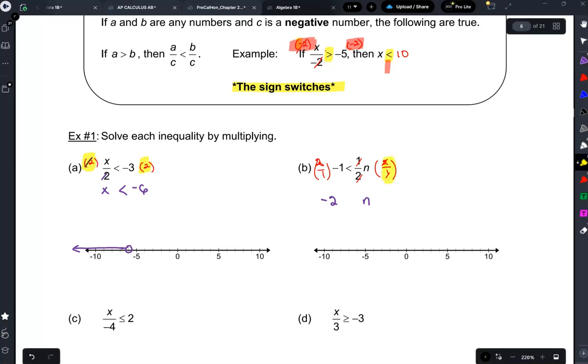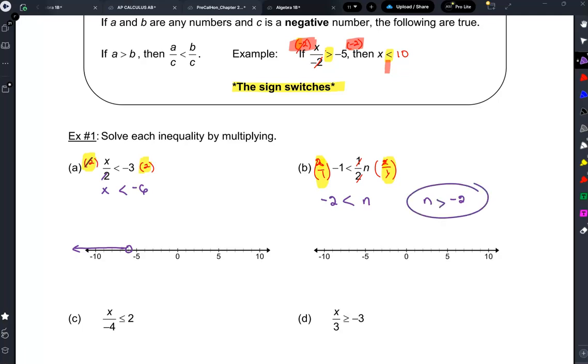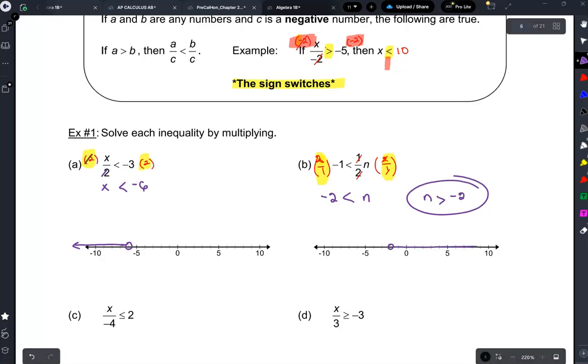Because look at the thing you multiplied by. That's positive. So, keep the sign. I thought the variable can't be on that side. Oh, that's what you mean. Okay, so here we keep it the same, but now we're gonna write it in a different order. So we're gonna write the n first, then the negative 2, and now it gets written this way. So that's a different switching. So negative 2, and this is gonna be greater than.